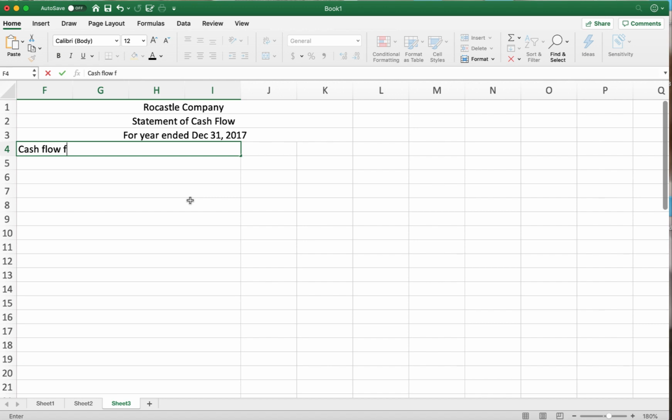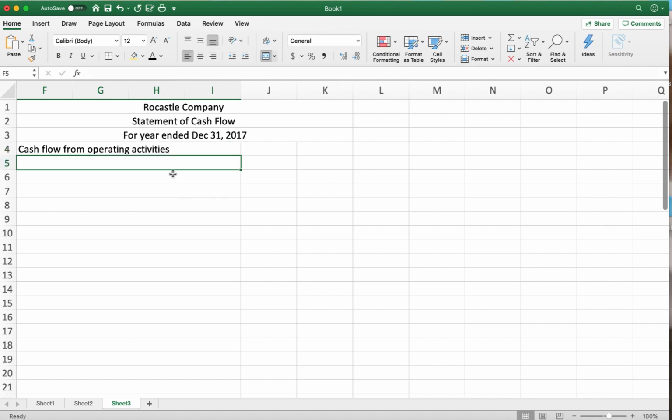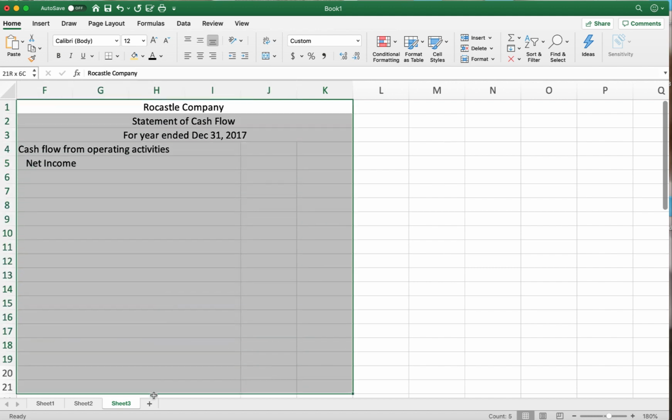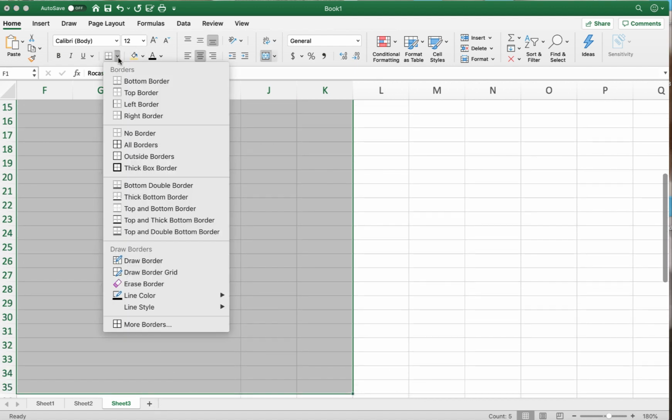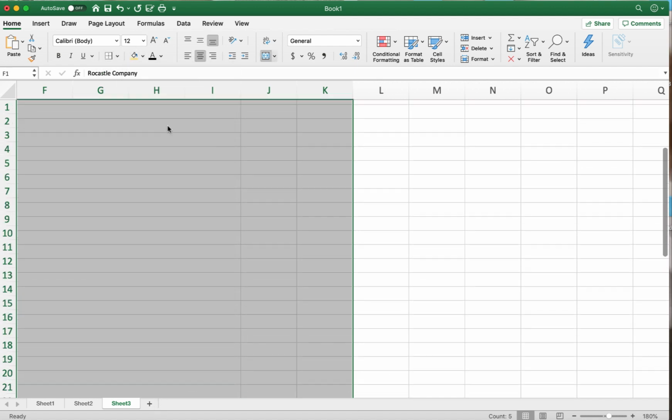Cash flow from operating activities. Okay, boom. Then we start off with net income. So indent 1, net income. Okay, I'm going to go all the way over, right? Let me do this here to make it easier for you to see, hopefully.